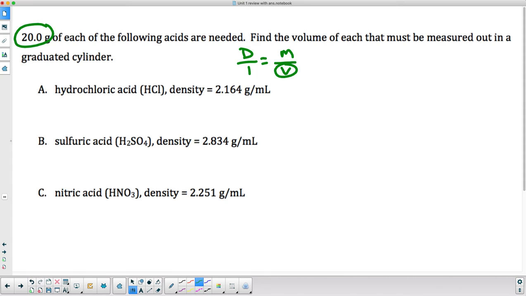Is grams a density, a mass, or a volume? 20 grams is a mass. So volume is what we're looking for. Density is 2.64 grams per milliliter over 1. So 1 times 20 gives us 20 grams.